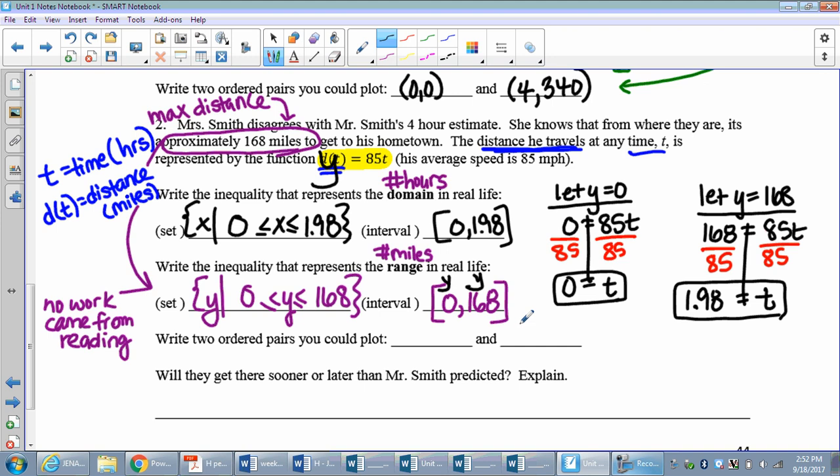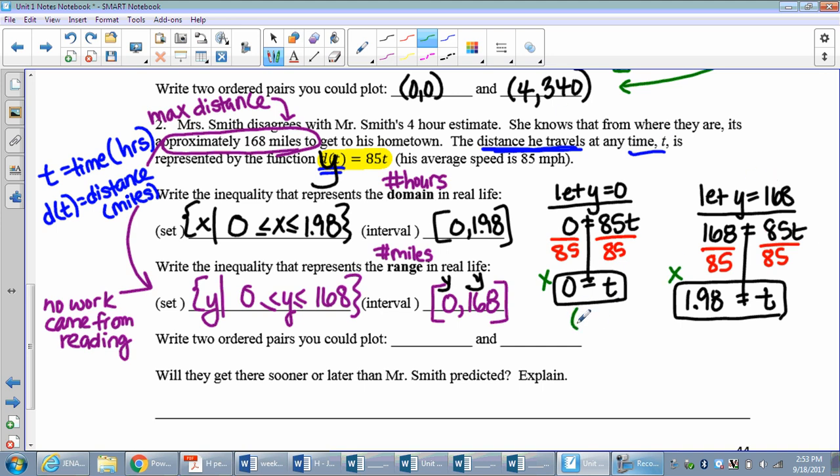Write 2 ordered pairs you could plot. So to get those ordered pairs, let's go look at our map. Remember, this is my y value. I found x. So if you want to put some little labels and highlight, this is x, and then there's y. This is x, and this is y.